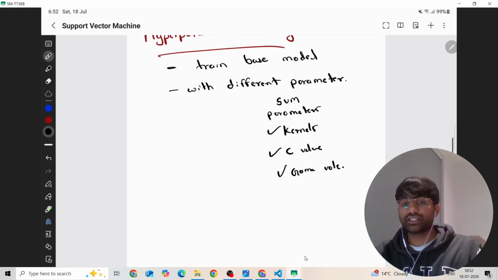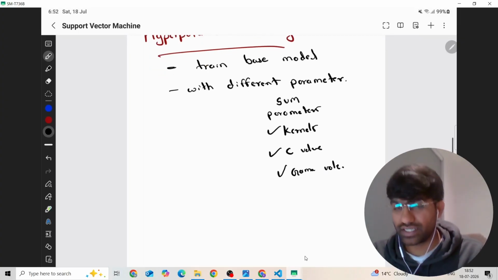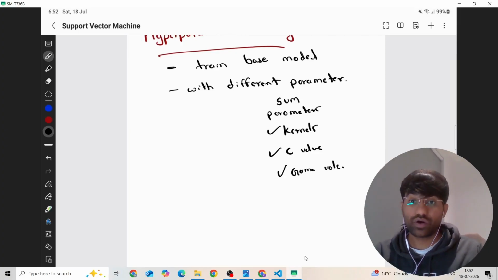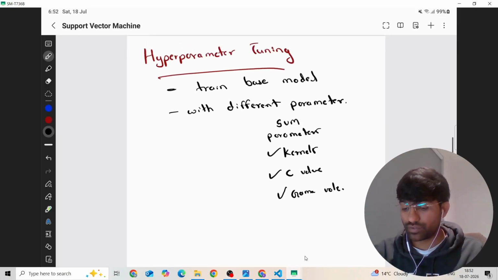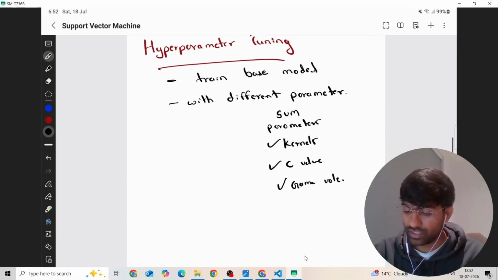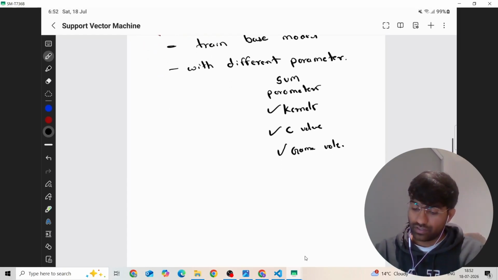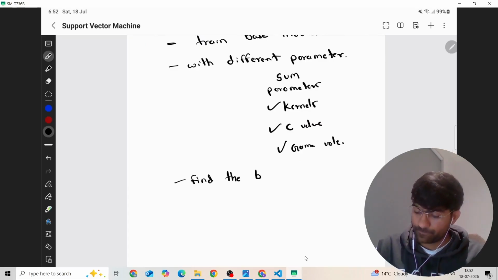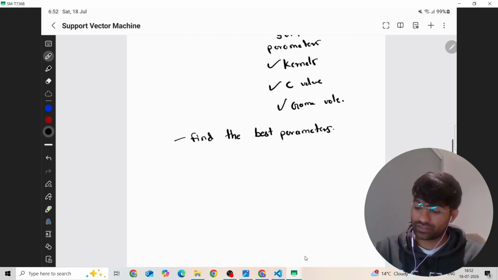But for decision tree, it is different. For logistic regression, it is different. You have to decide what parameters you want to select, what parameters you want to tune your model with. Train the base model with different parameters. Find the best parameters. What are the best parameters?